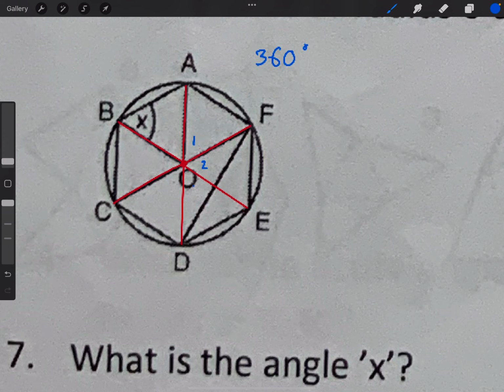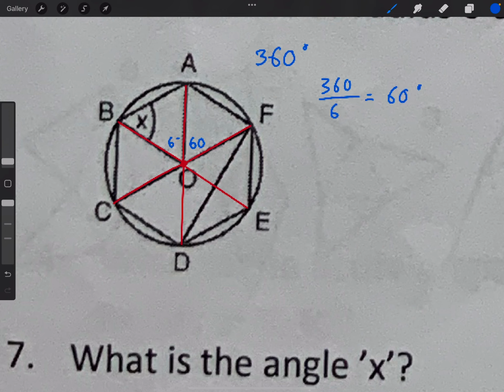You got 1, 2, 3, 4, 5, 6. These are all even angles. So that means 360 degrees divided by 6, and you're going to get 60 degrees, right? So that means all of these angles are 60 degrees each.